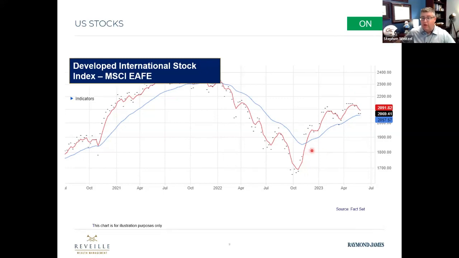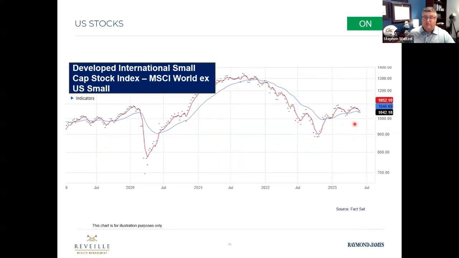So when we look at international stocks, we see a much more defined uptrend with the large cap international stocks, but even with the small cap international stocks. Where both the mid cap and the small cap index here domestically have rolled over and are down, we're not seeing that at the small and mid cap levels on the international side.